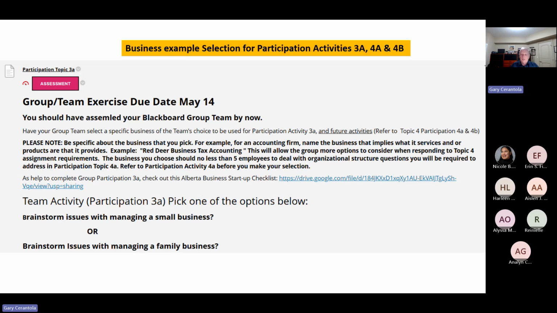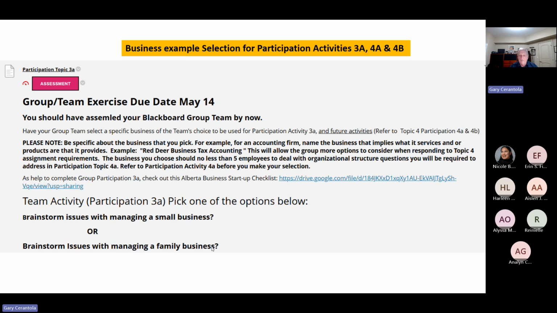What you need to do is pick one of the options below. You can look at managing a small business, but just make sure it's no less than 5 people. Or you can manage a family business, and that's going to change your perspective, one or the other. All right, but identify it.